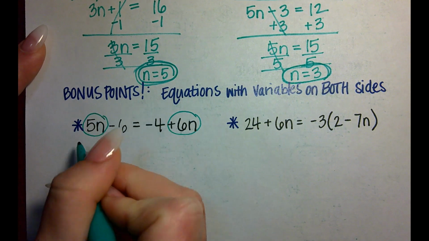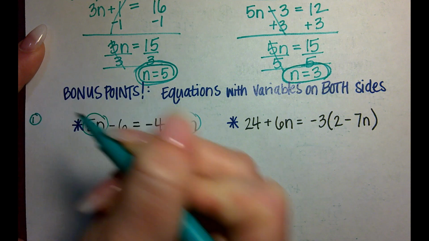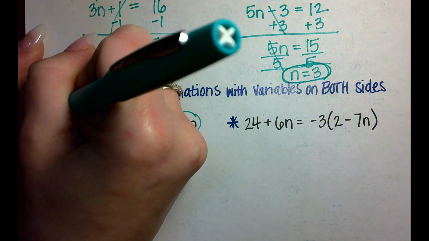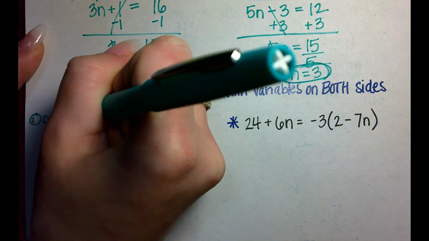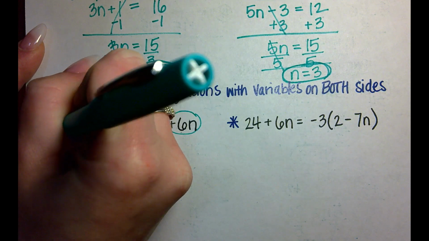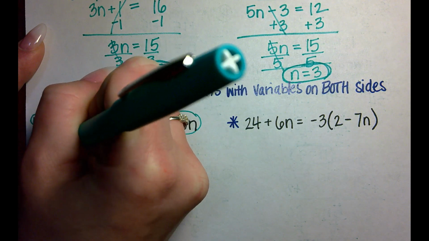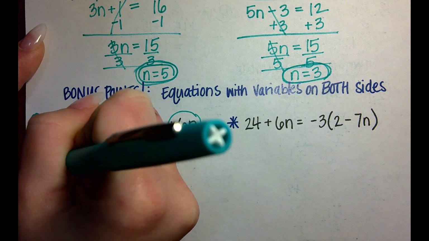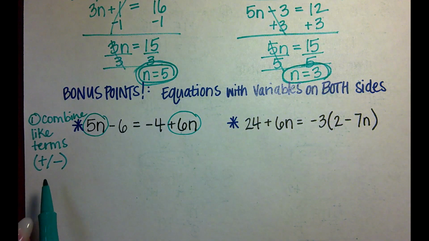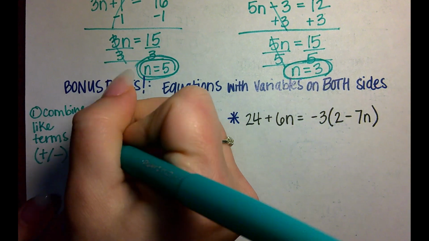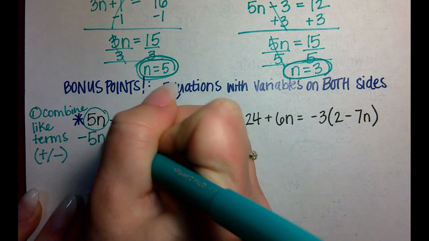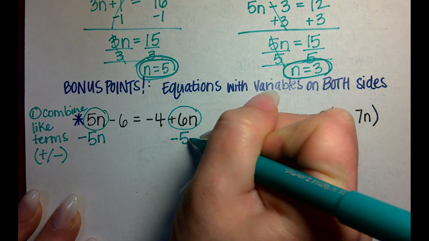So let's make a little step. Number 1, combine like terms, and that's going to be with addition and subtraction. So we're going to subtract 5n from both sides.